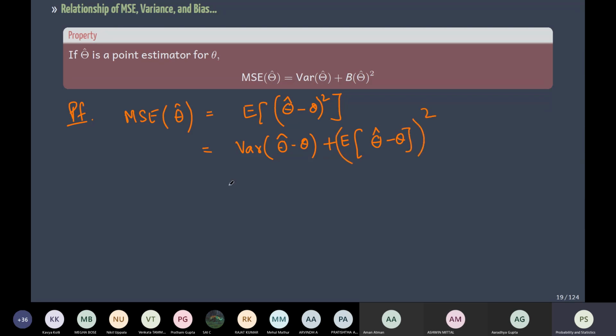So this is something we have also applied before, and this is the variance of theta hat plus, and the expectation of theta hat minus theta was nothing but the bias. So I can write this as the bias of theta hat, and then there is a square here. Okay, so that was the easy thing to prove.